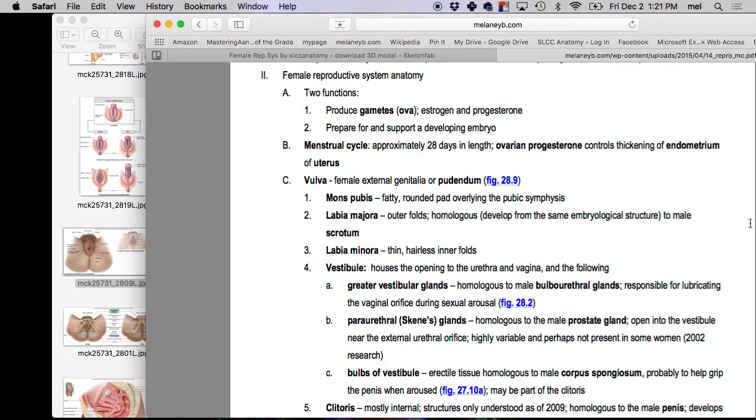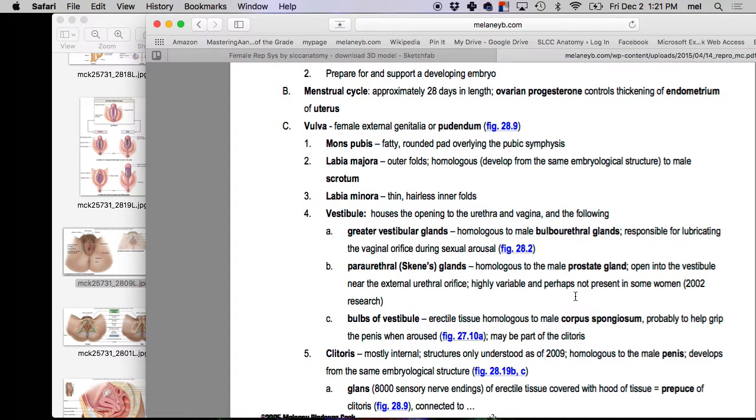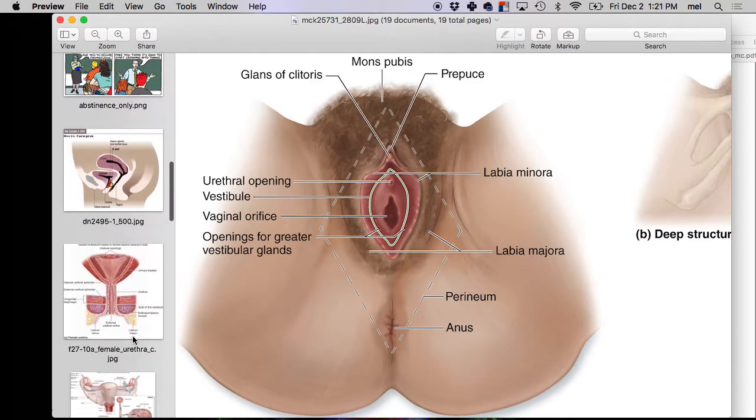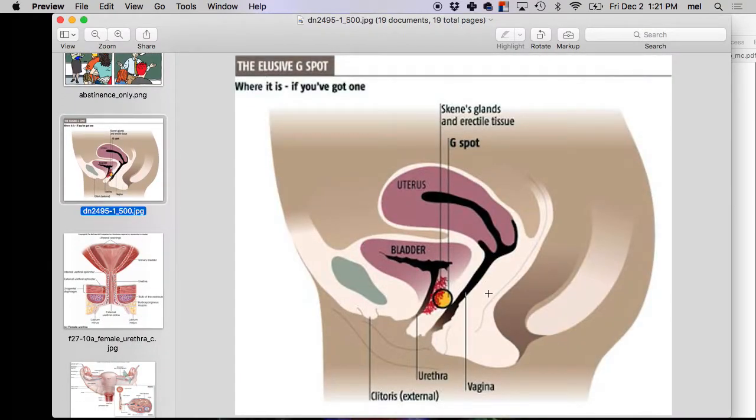Okay, now, the other thing that is in there is really, well, actually two more. There's another set of glands that people are still arguing about. So I'll show you where it is from a different picture. Okay, so orient yourself to this midsagittal section. Here is the bladder and the urethra, right? Here's the vagina and the uterus, okay?